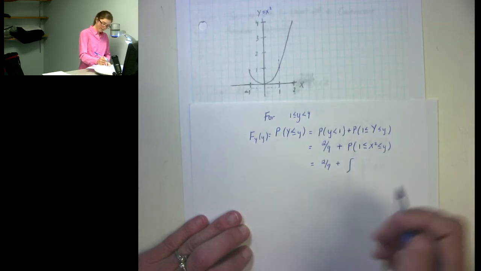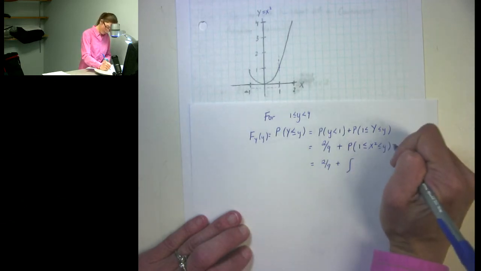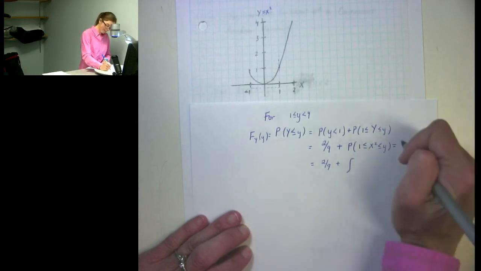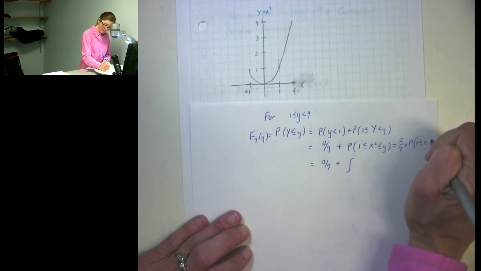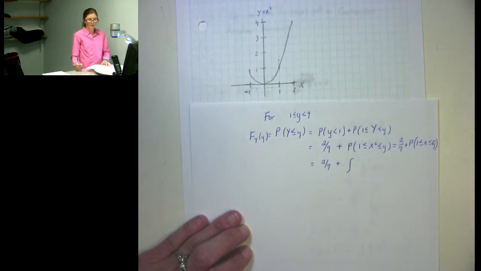Sorry, I should do one more step here first. I want to isolate my x. So this is 2/9 plus the probability that 1 is less than or equal to X is less than or equal to the square root of y. Right? Isolating x by itself.